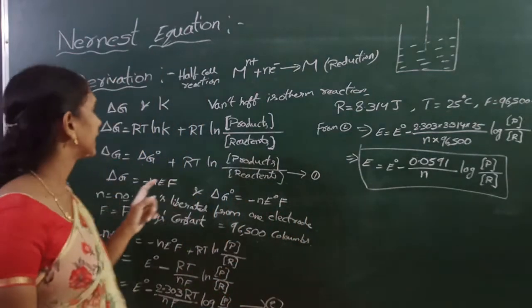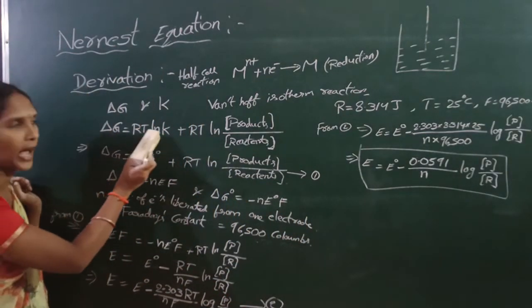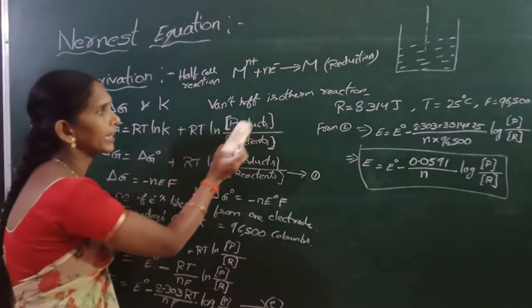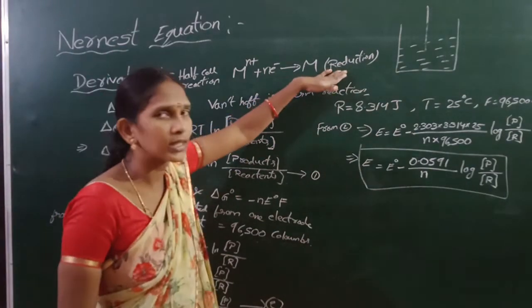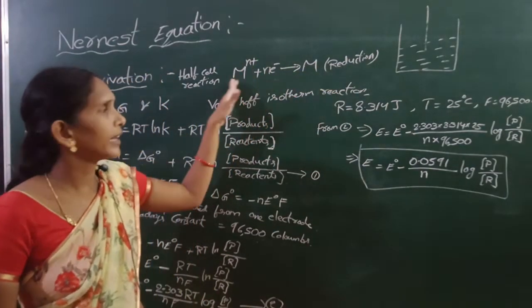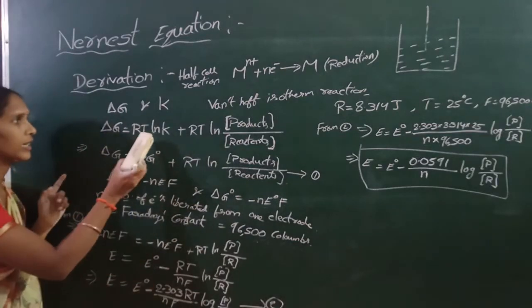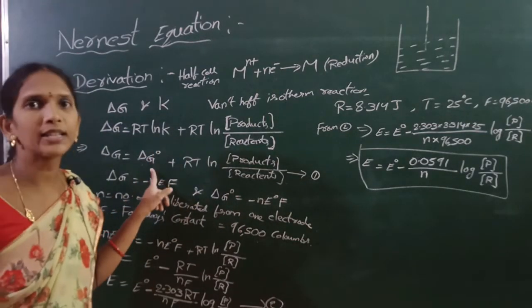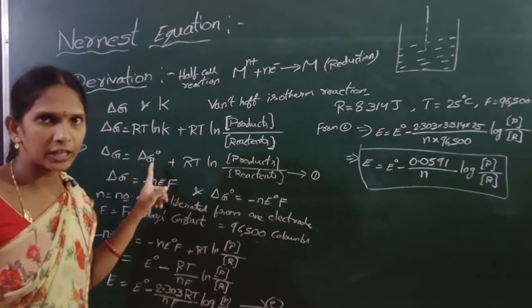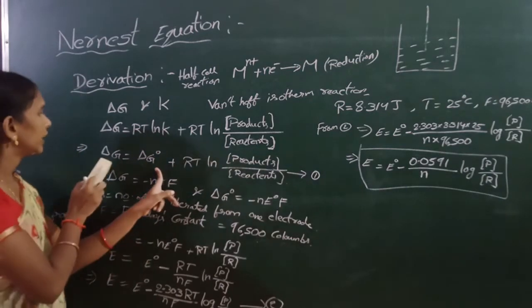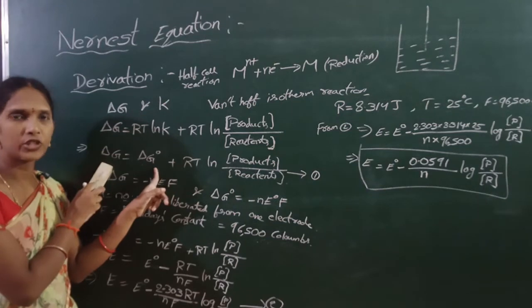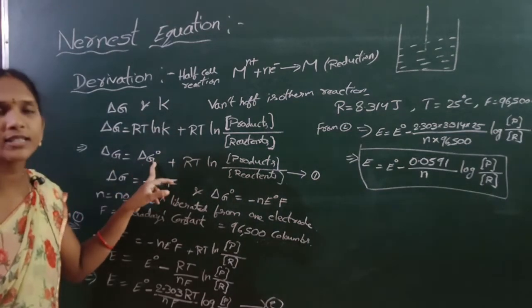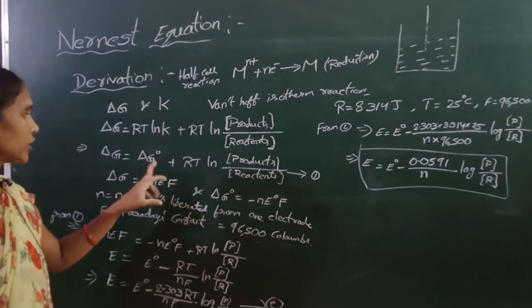That is, delta G is equal to RT ln K plus RT ln concentration of products by concentration of reactants. Here RT ln K means delta G naught. Delta G naught means standard free energy change. Delta G means free energy change.